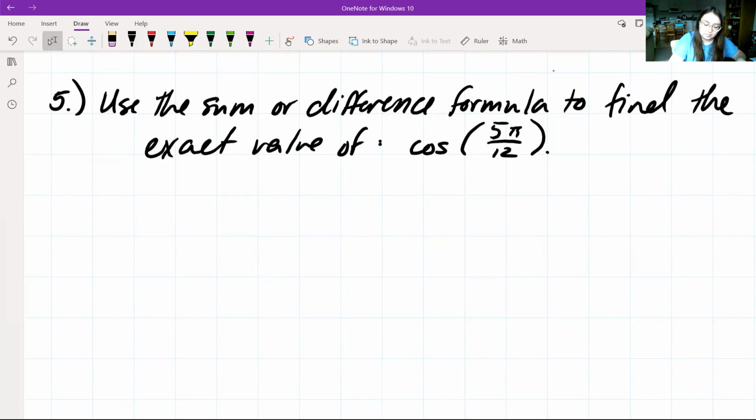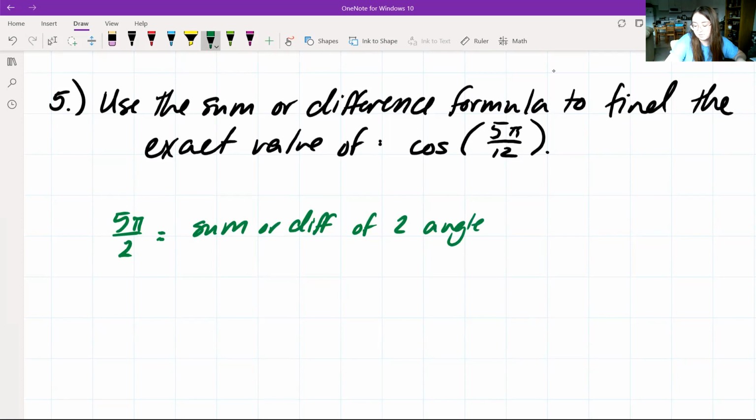So we can start off by noting that 5 pi over 12 is going to be the sum or difference of two angles, which remember we call alpha and beta.